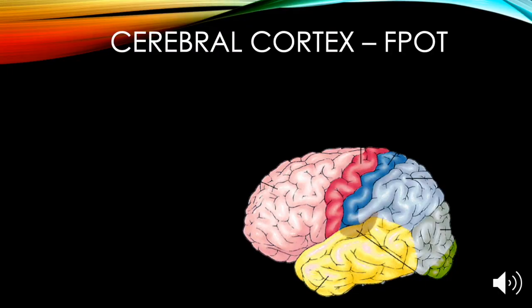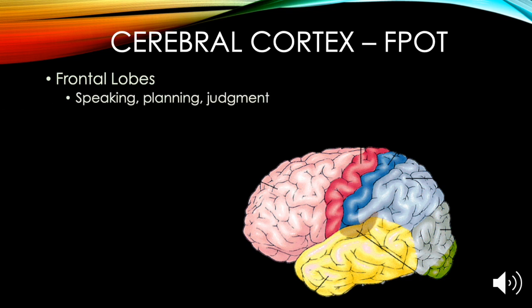The cerebral cortex is made up of a lot of different sections. We're going to cover 4 main lobes. If you want an easy way to think of the lobes, you can think FPOT, which is an acronym. It stands for the frontal lobes, which is the F, and those lobes primarily handle speaking, planning, judgment.